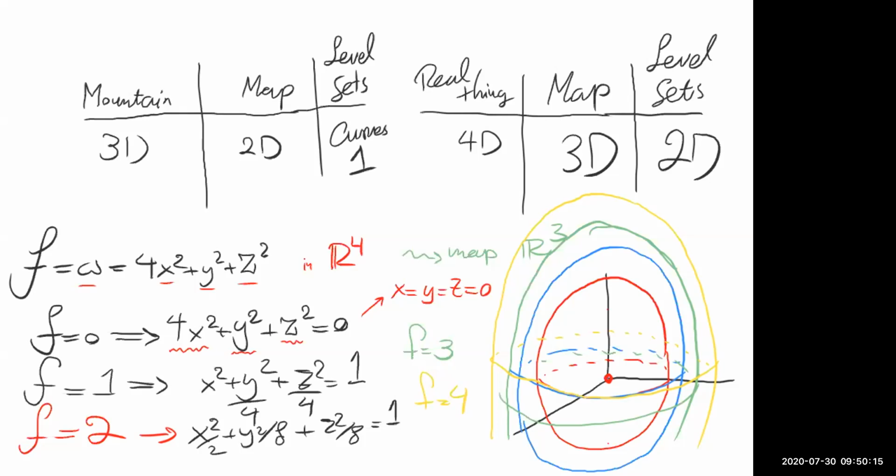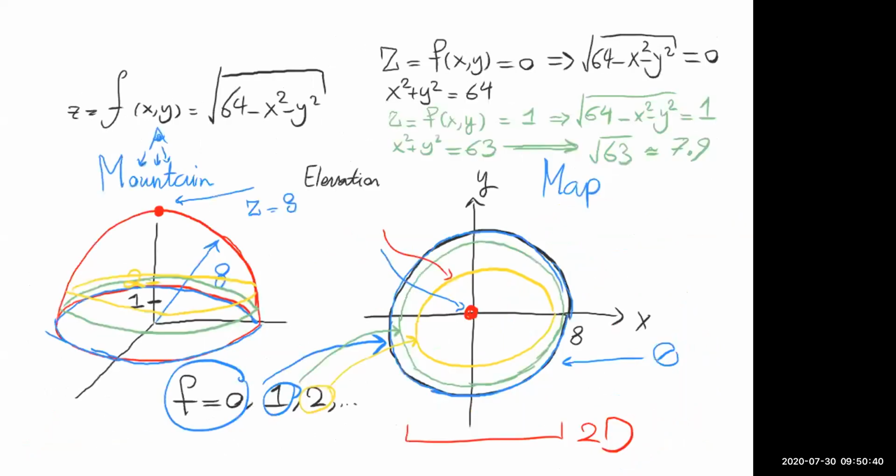So there's a question. Let me understand the question. What part is two-dimensional? Well, these surfaces, this is an ellipsoid, right? An ellipsoid is a two-dimensional thing. It's a surface, like a sphere, like a balloon. So we used to have curves, right? We used to have level curves. For example, here we have these curves.